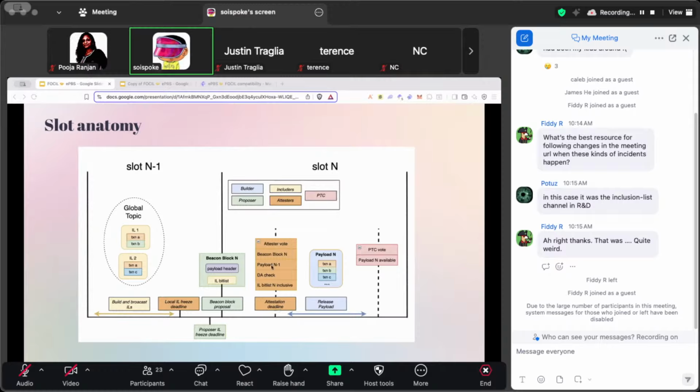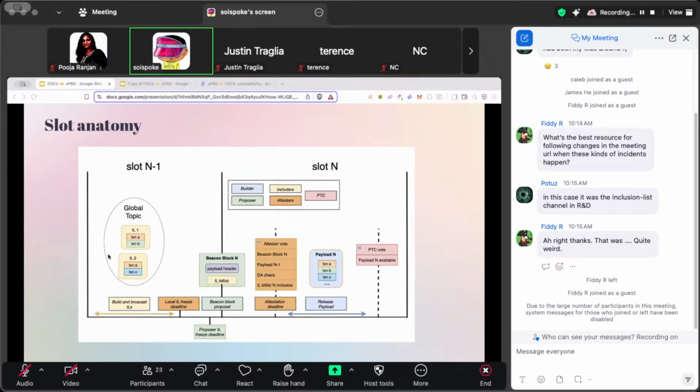Okay, and then the builder will reveal its full payload n, and that can be done at any time, but maybe a rule of thumb could be, for example, after having seen enough attestations for the beacon block including its payload header. That's not enforced or anything, it's just a rule that could be used.